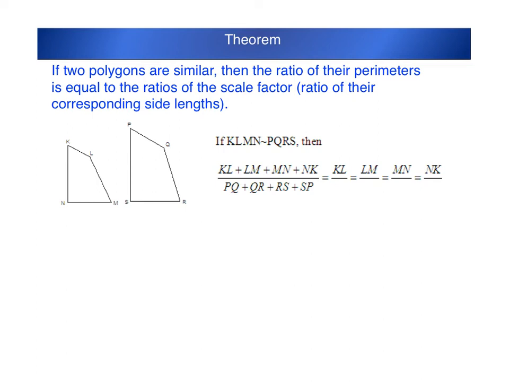So if I compare KL to PQ and I compare LM to QR and MN to RS and NK to SP, these ratios of corresponding sides are all equal to this ratio of the perimeters.